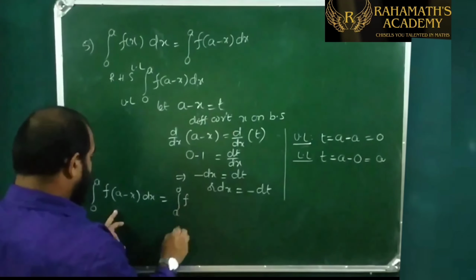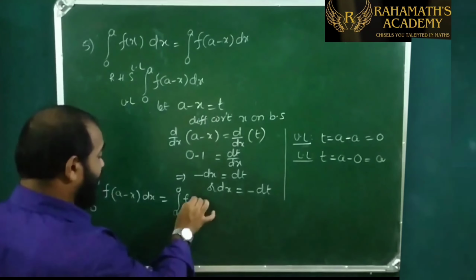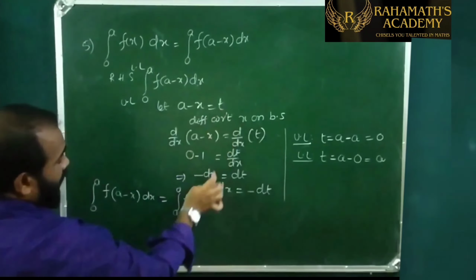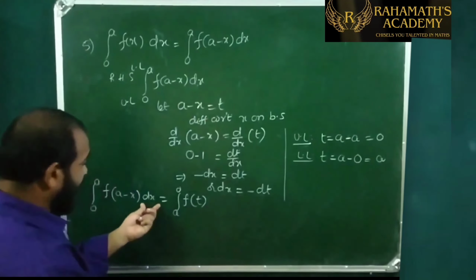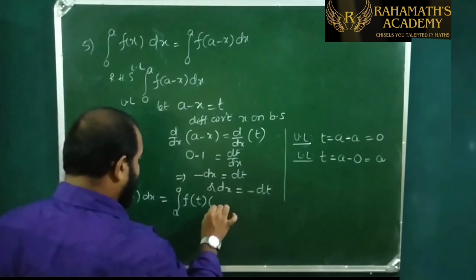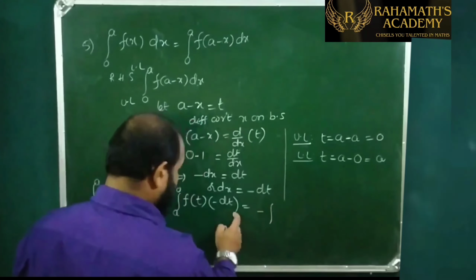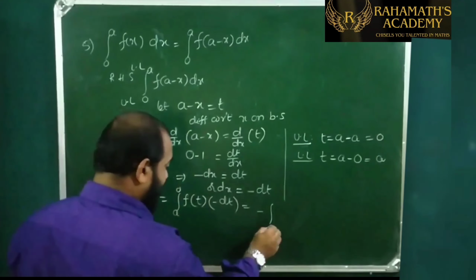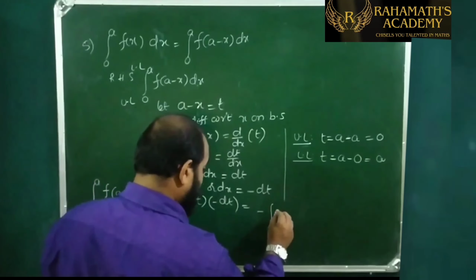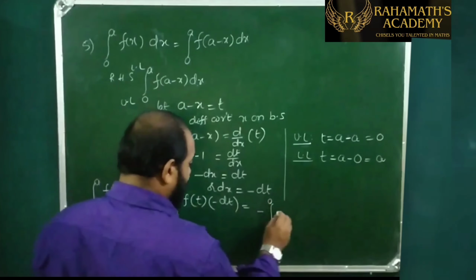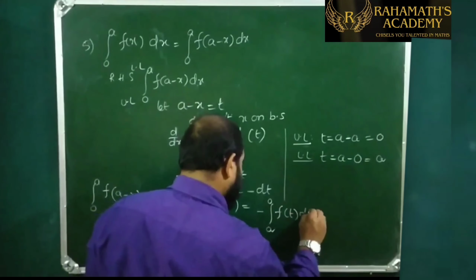f of a minus x is t, which we have taken, into dx is equal to minus dt. This is equal to minus, if I take the minus outside, integral a to 0 f of t dt.